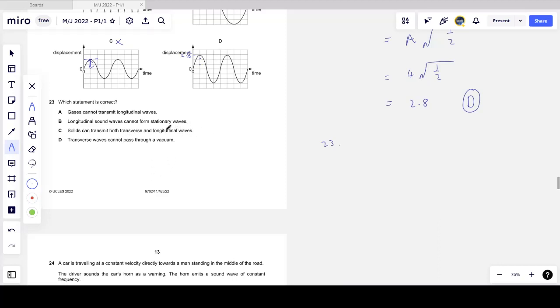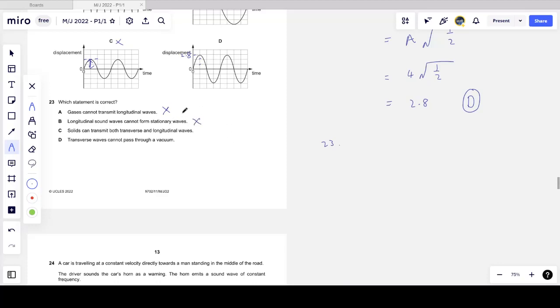Well, actually, if you read this, we should be able to immediately see. I mean, sound waves can pass through gases. Sound waves are longitudinal waves. Sound passes through air, which is a gas, and so that one's immediately incorrect. Longitudinal waves cannot form stationary waves. Well, sound can produce stationary waves, also incorrect.